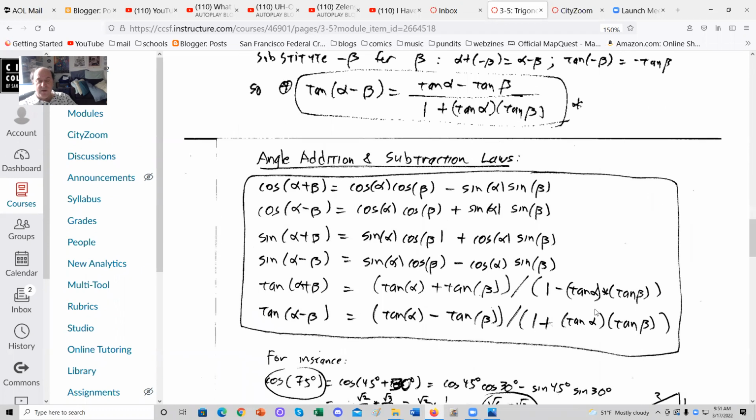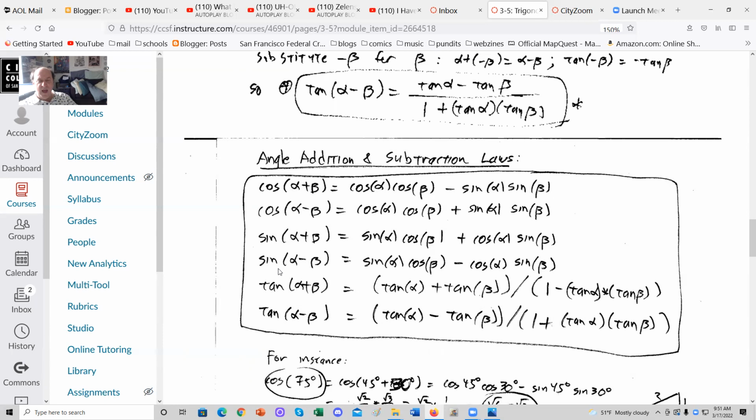So, in summary, here we go. Cosine of alpha plus beta is cos alpha cos beta minus sine alpha sine beta. Cosine of alpha minus beta is cosine alpha cos beta plus sine alpha sine beta. Sine of a sum, alpha plus beta, is sine alpha cos beta plus cos alpha sine beta.